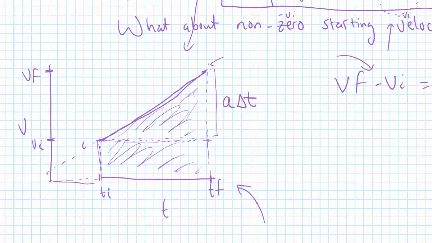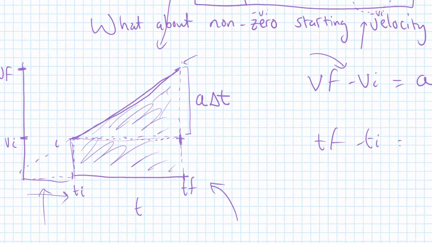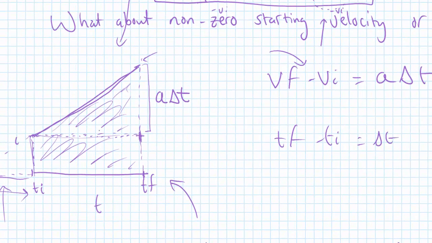There's the height. The length of this thing here goes to Tf, but not all the way to Tf, because there's this little piece here, so I have to subtract whatever Ti was. So that little length is Tf minus Ti. Well, Tf minus Ti is just delta t. So the length here is just going to be delta t.